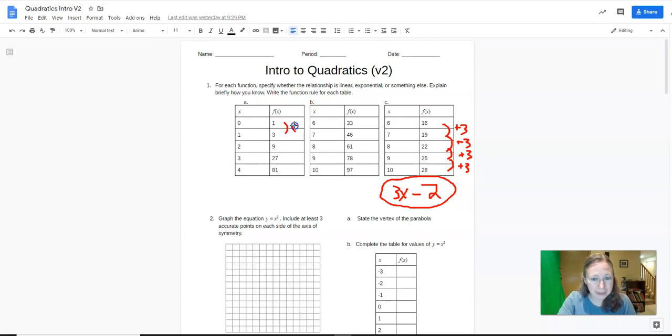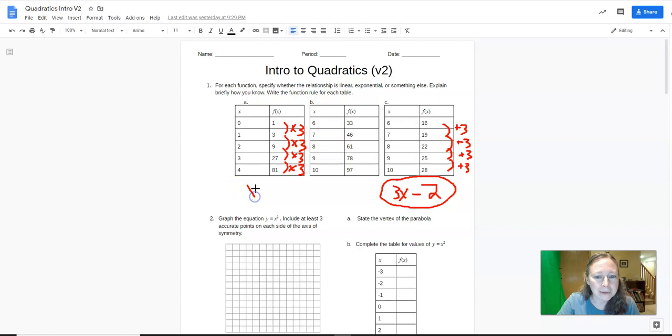So this is times 3, and then this is times 3, and then 9 times 3 is 27, and then 27 times 3 is 81. So if you notice that, where every time you increase the x, you have a multiplying relationship going down, that is an exponential function. And the function rule for this one looks like this.